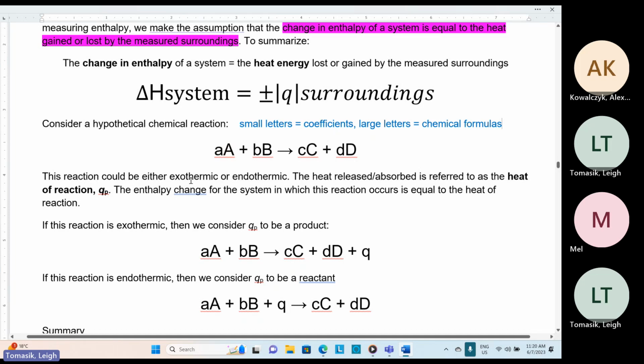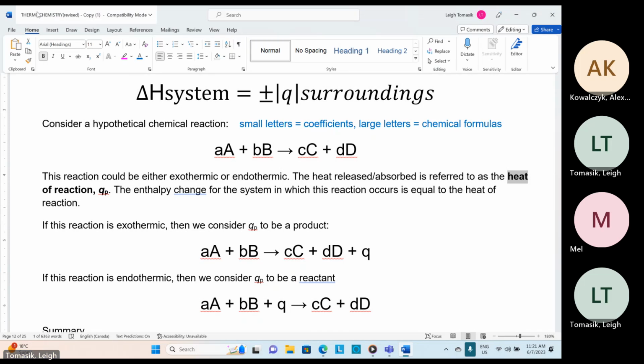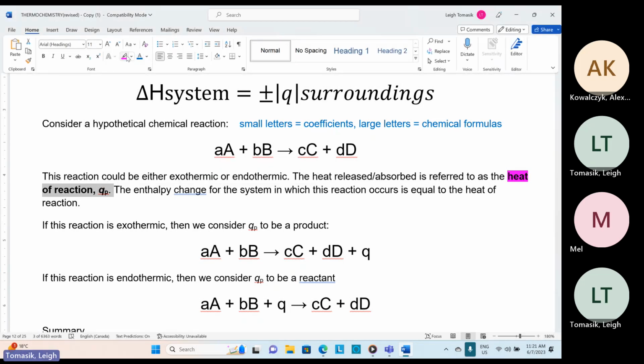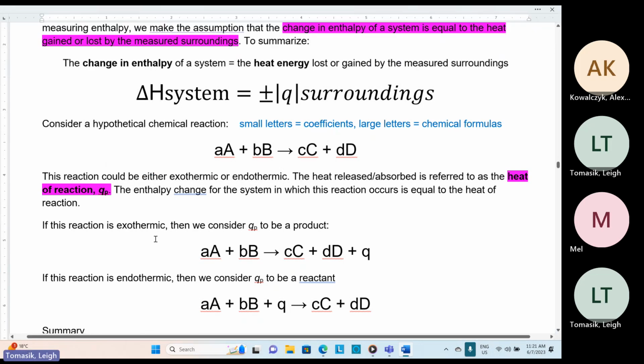So this reaction could be either exothermic or endothermic, right? The heat released or absorbed is referred to as the heat of reaction. Because this is a chemical reaction, and we don't know what type of chemical reaction it is, the Q is the heat of reaction.